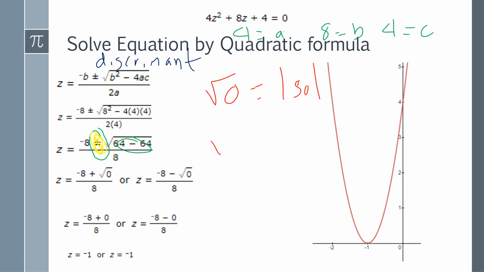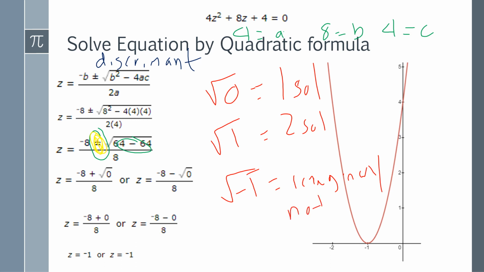If it's a number bigger than 0, you get 2 solutions. But if it's a negative number, like a -1, you get imaginary, not real solutions.